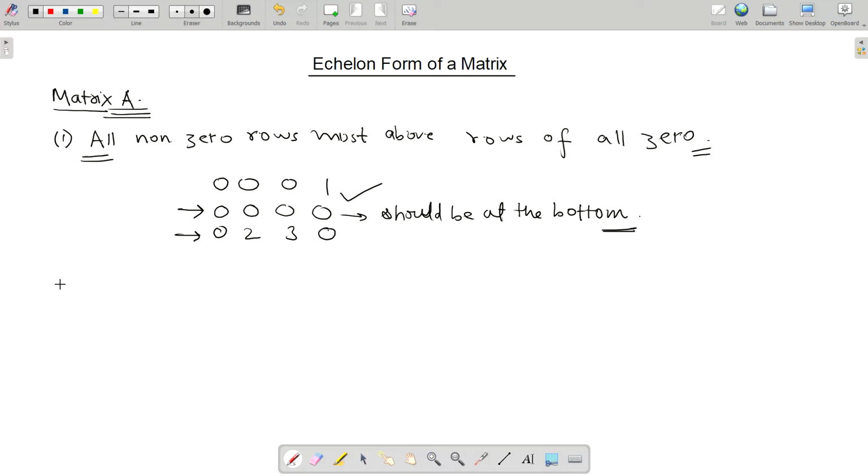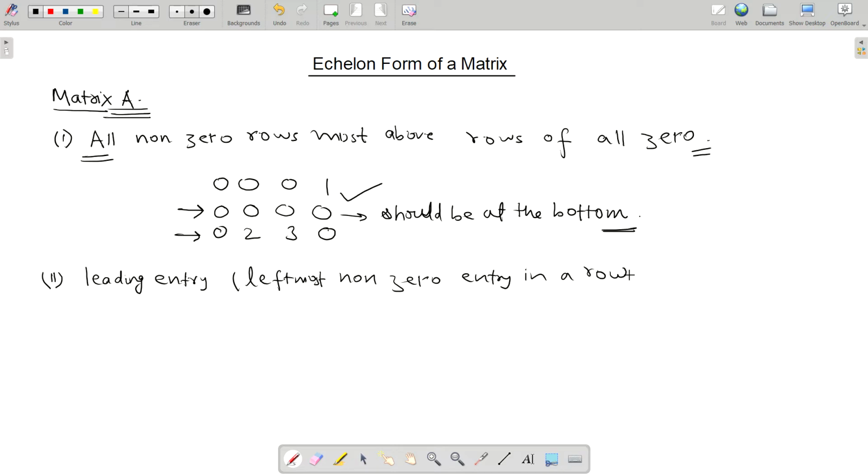The second property that it should satisfy is about the leading entry. You know what a leading entry is? The leading entry is the leftmost non-zero entry in a row.